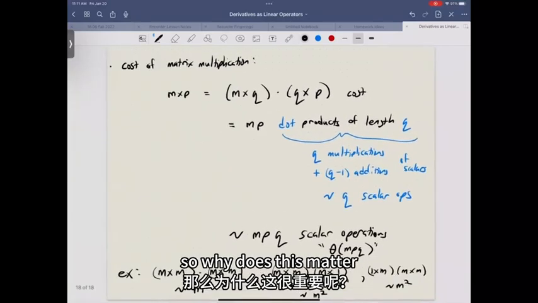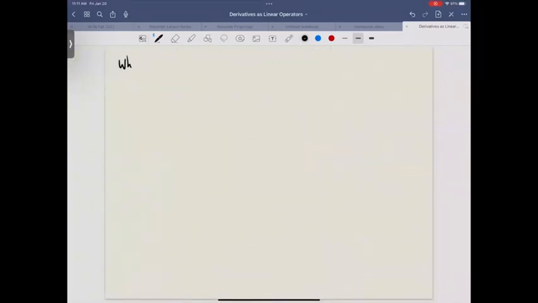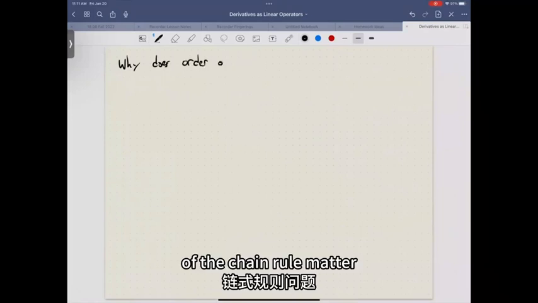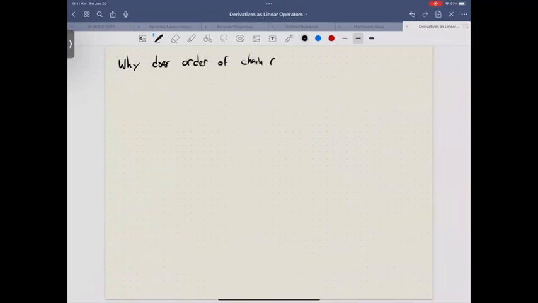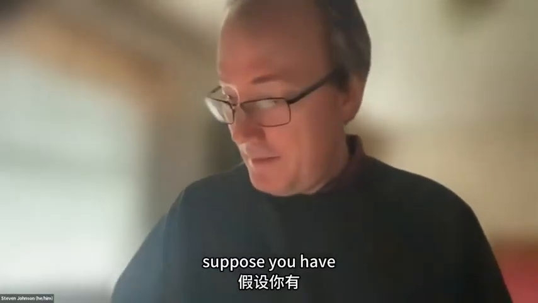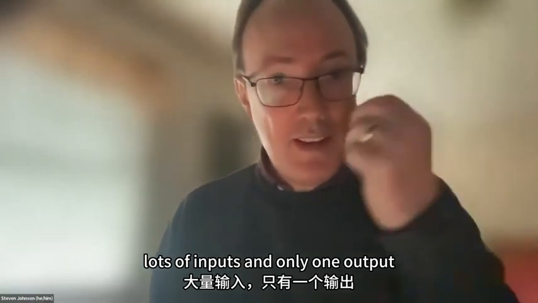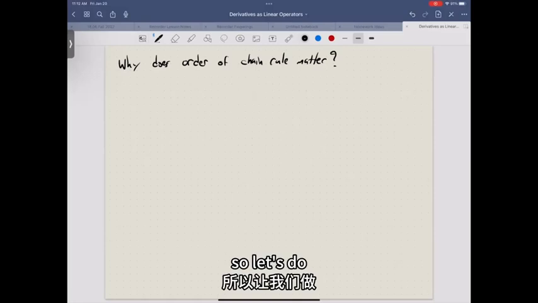So why does this matter? Does the order of the chain rule matter? Suppose you have lots of inputs and only one output. Let's take a machine learning example.